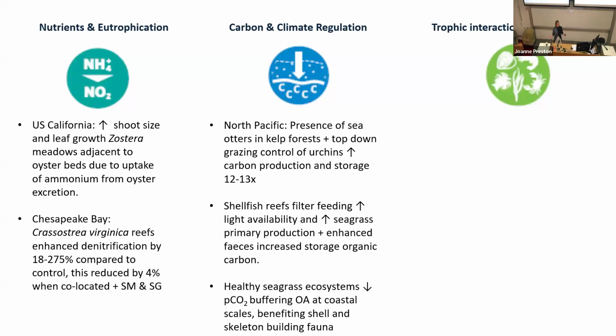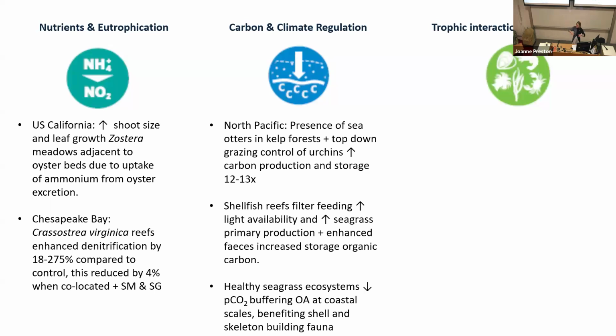Connectivity has implications for carbon production. Classic example, the presence of sea otters in kelp forests and their top-down control of grazing urchins can increase carbon production up to 12 to 13 times. As I said before, shellfish reefs and the filtering they do increase light availability and increase primary production of seagrasses, and the production of their feces increases organic carbon storage.